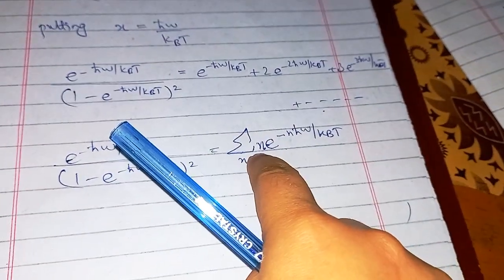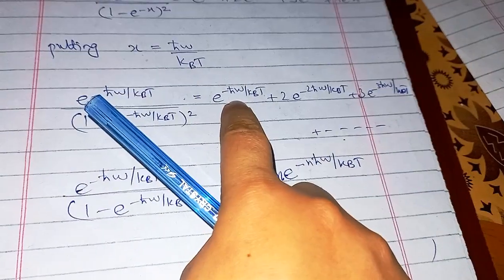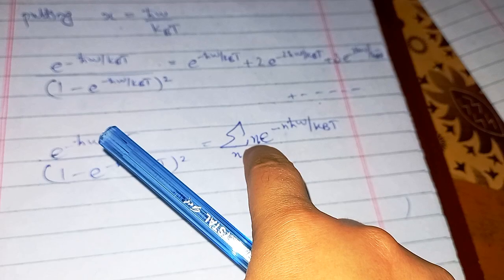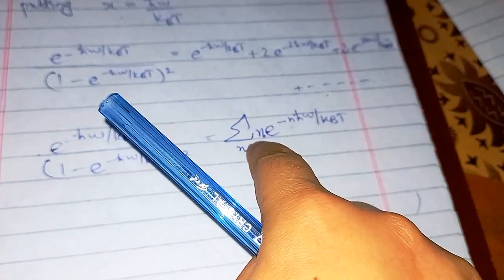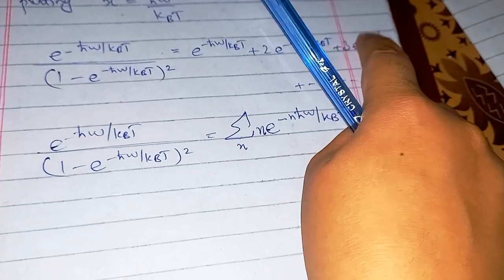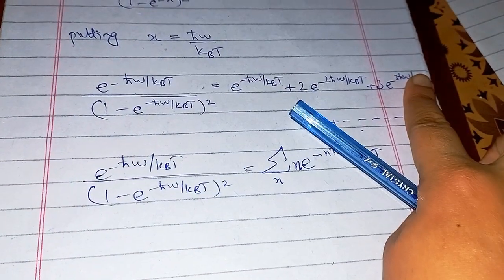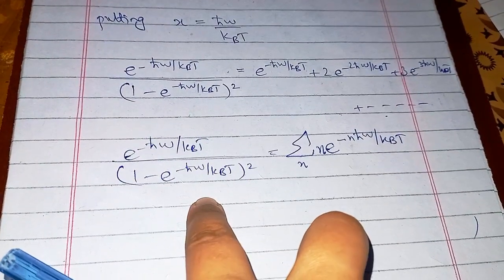If you put n equals 1, e to the power minus h cut omega by kBT, that's the first term. If you put 2, it's 2 e to the power minus 2h cut omega by kBT. Then n equals 3 and 3 here as well, 4 and 4 here as well, and so on. So the series on the right hand side is actually this series, and this is its summation.